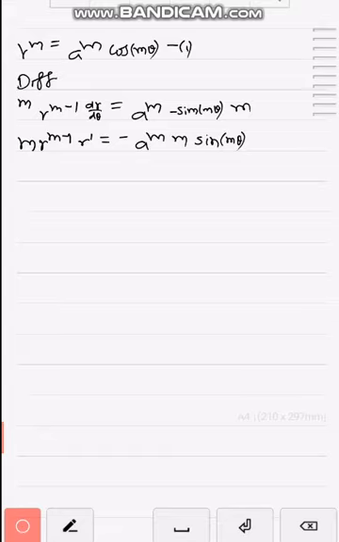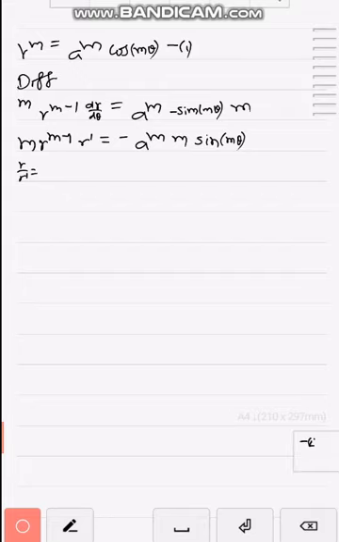We need to find out r divided by r dash. So we'll consider r divided by r dash. Let us call this equation 2.